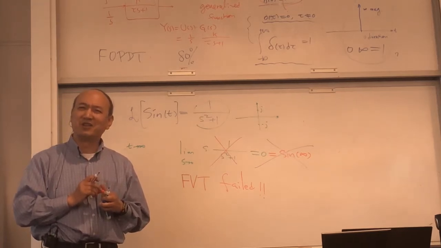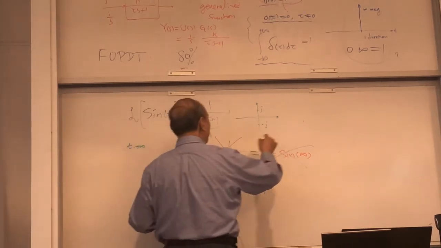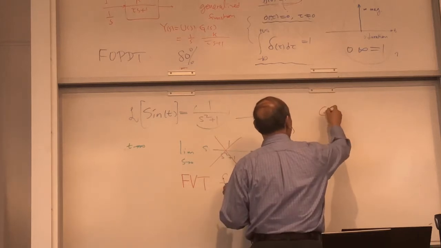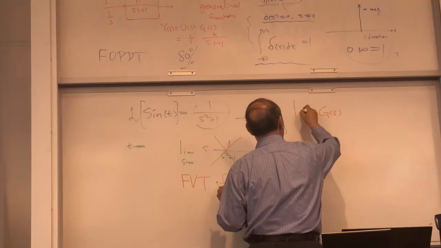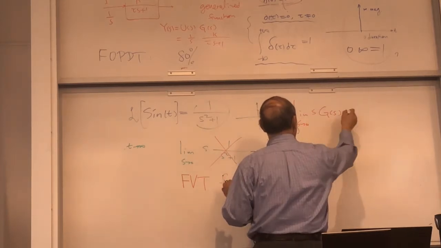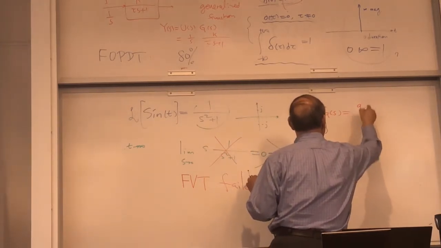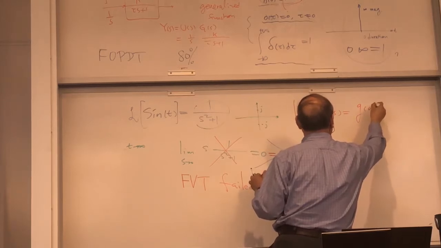You should be reminded that if you want to use the final value theorem, you send s to 0 of s times G of s to get the function at infinity.